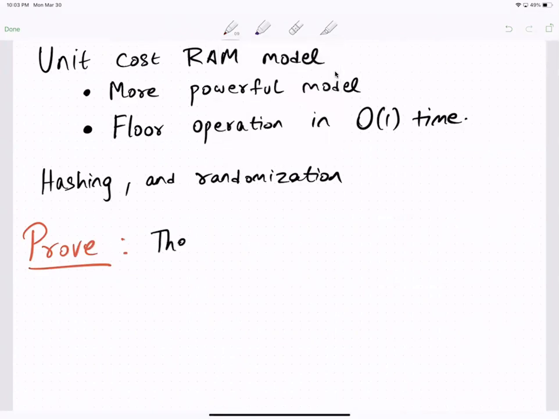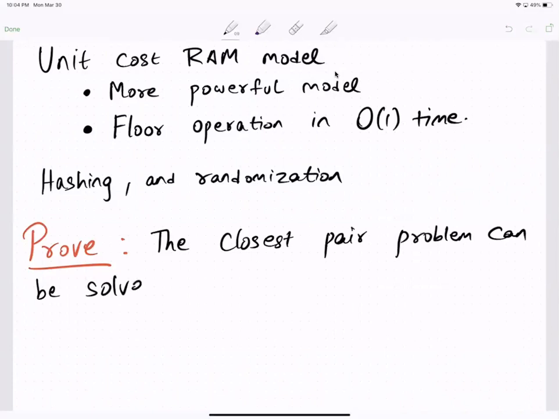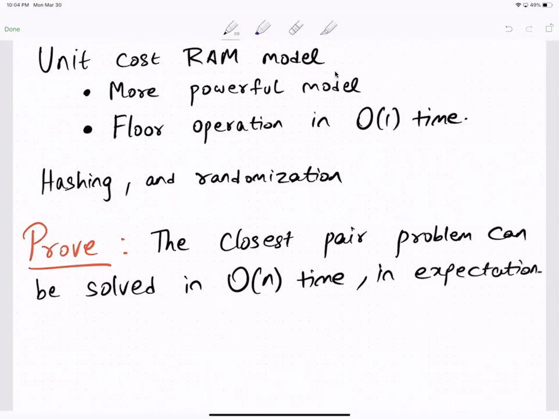The closest pair problem can be solved in order of n time, optimal, in expectation, because we are using randomization. So in today's class, this is what we want to prove: that this problem can be solved in order of n time, given the more powerful operations that we can perform.